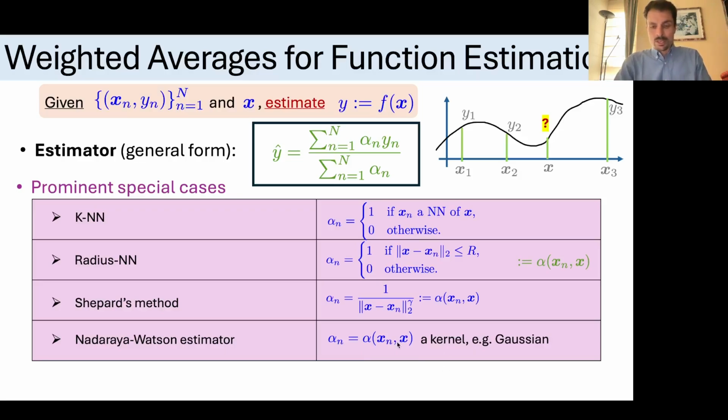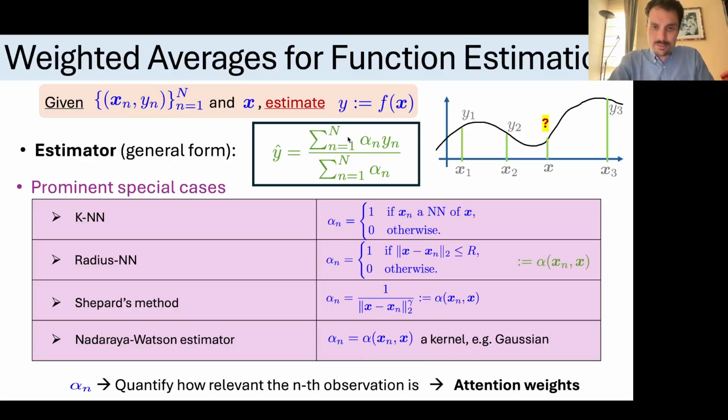So we can see that this alpha n quantifies how relevant the nth observation is to estimate the function at the evaluation point x. And this is why these alpha n's are referred to as attention weights.